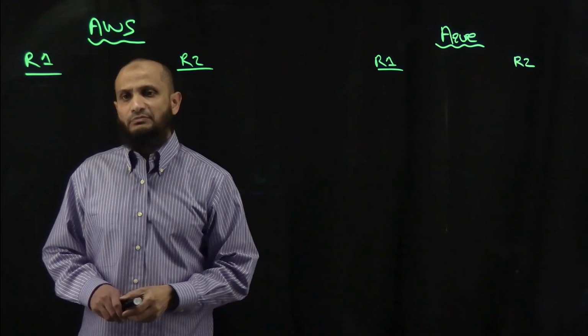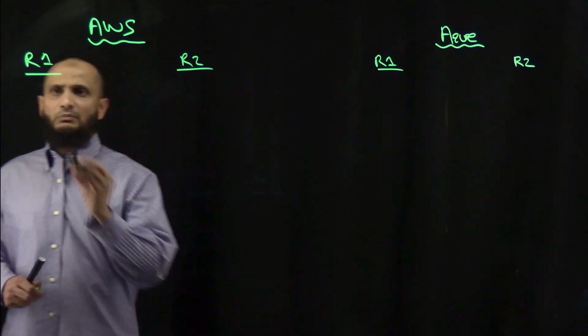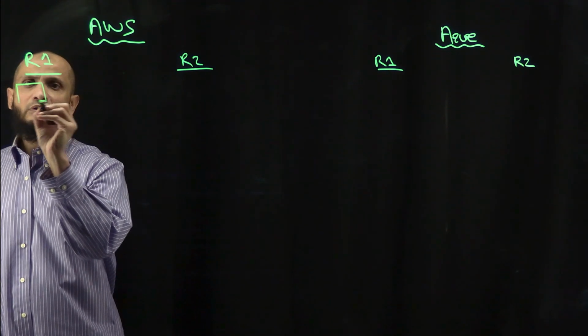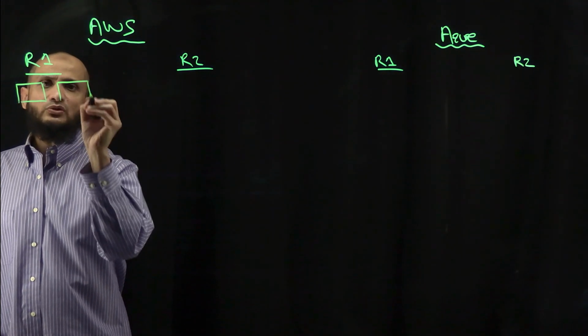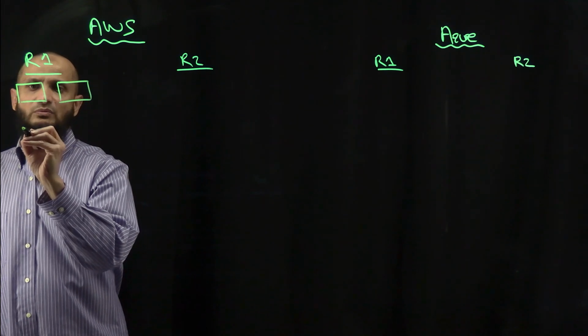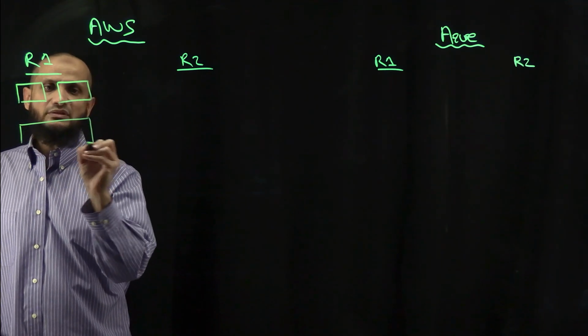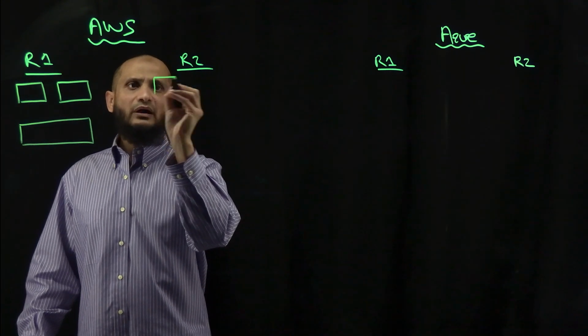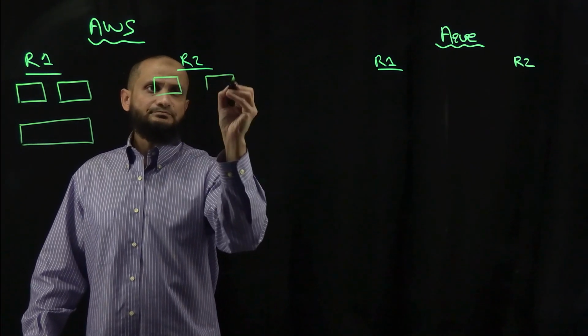All right, now let me redraw a number of VPCs in region 1 and region 2. By the way, I'm just drawing 2 VPCs, but this could be hundreds of VPCs in region 1 and region 2. For the simplicity of the diagram, I'm only drawing 2.